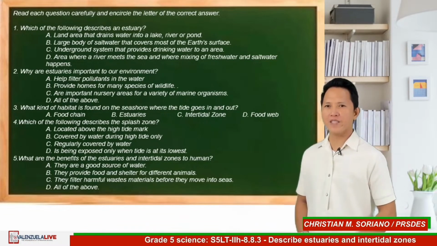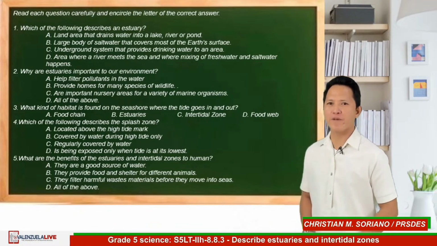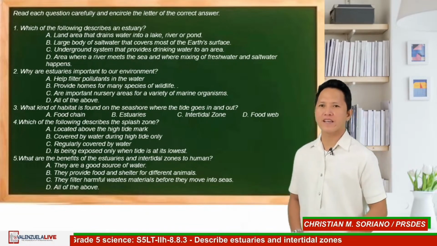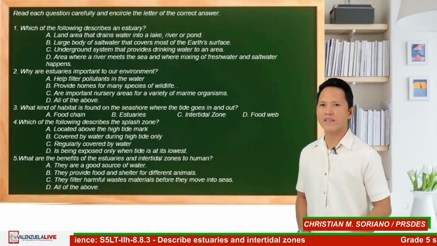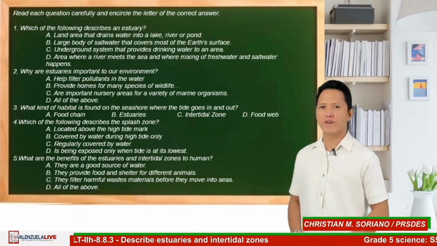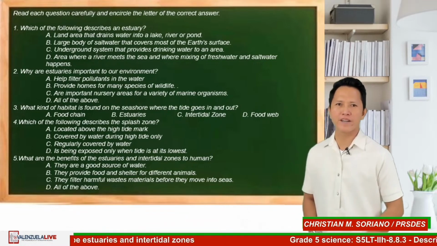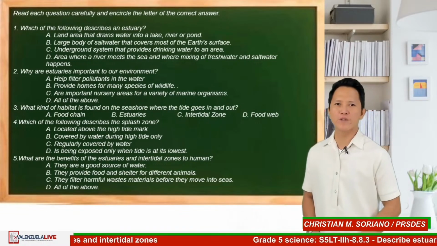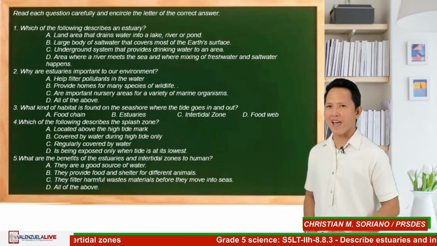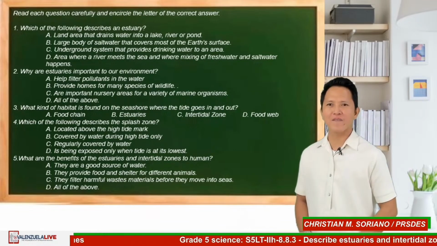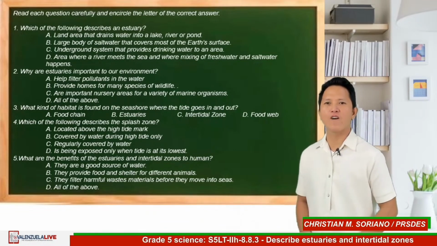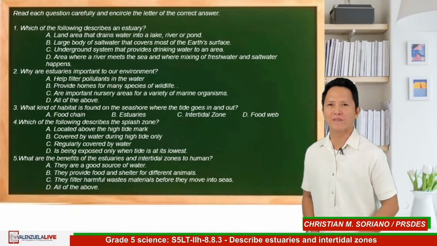Letters A to C best enumerate these benefits. They are a good source of water, they provide food and shelter for different animals, and they filter harmful waste materials before they move into seas. So the correct answer for number five is letter D, or all of the above.